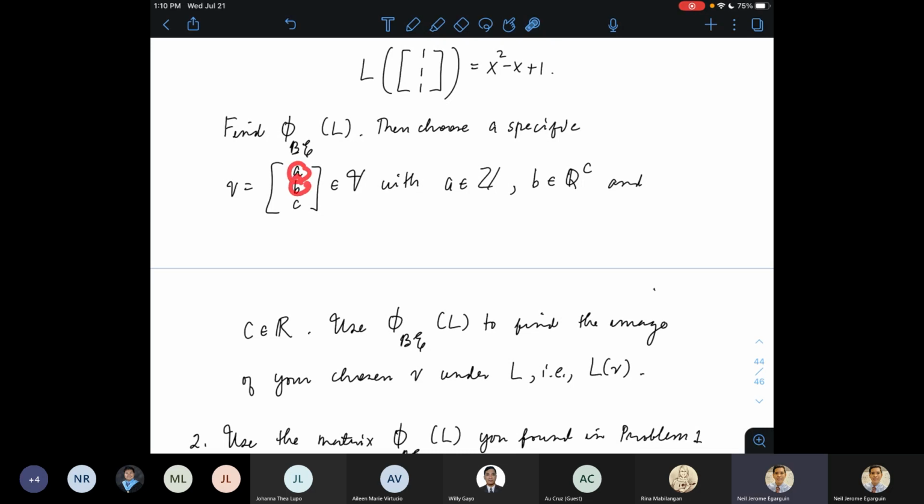So a, b, c has these 3 conditions. So you should have different examples, and show and illustrate how to use the matrix representation in order to evaluate L of v for your chosen v. So only one specific v needs to be given. Use the matrix representation to compute L of v. All right?